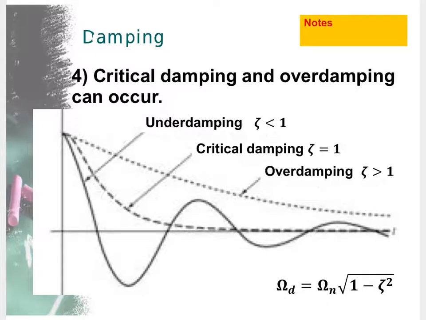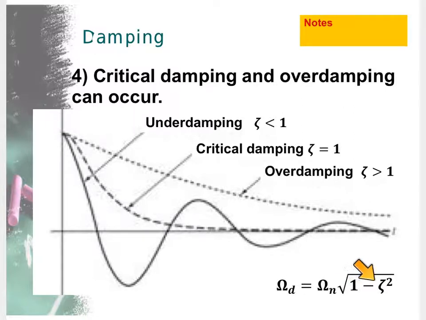Well, what's the final interesting thing that happens? Well, maybe not the final thing, but the final thing I'm going to list here is that you can have something called critical damping and overdamping. So if we take a closer look at this equation right here, where we are looking at our damped frequency, you'll notice that this number can be negative.